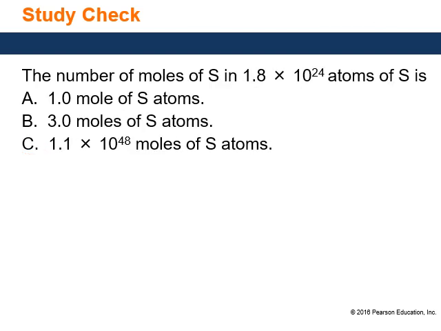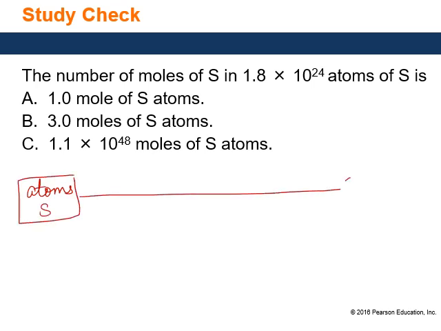Let's try another question. The number of moles of sulfur in these many atoms of sulfur. So what is given to us in the question is atoms of sulfur. The question is asking how many moles of sulfur are present. As long as you're talking about the same substance, you're good. This is sulfur, this is also sulfur.